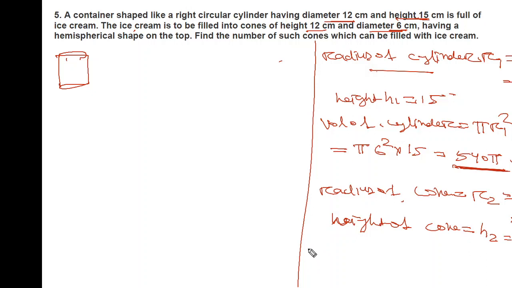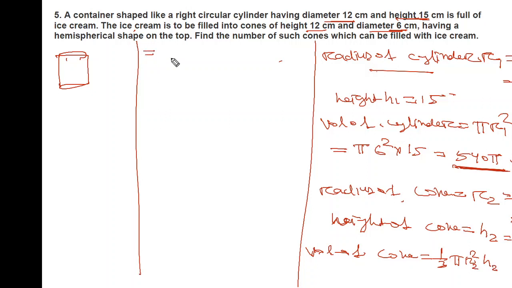So volume of cone will be equal to, you know the volume of the cone is 1 by 3 pi r square h, here R2 square and H2.